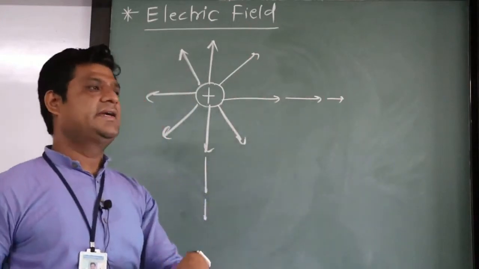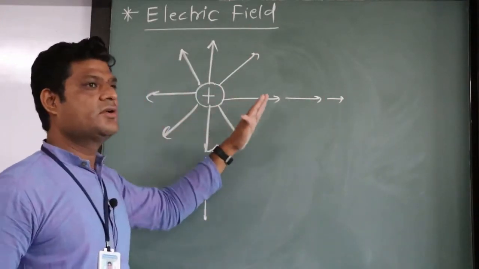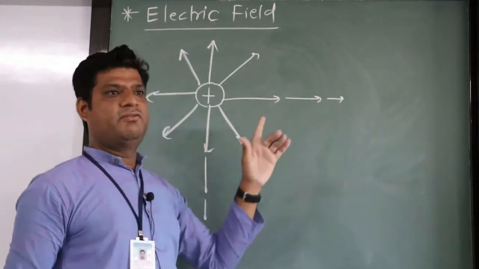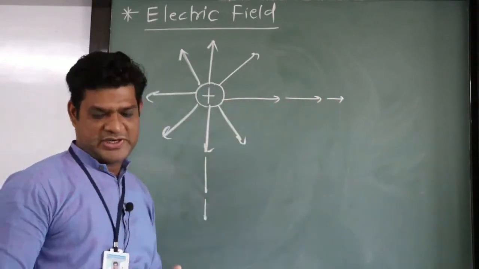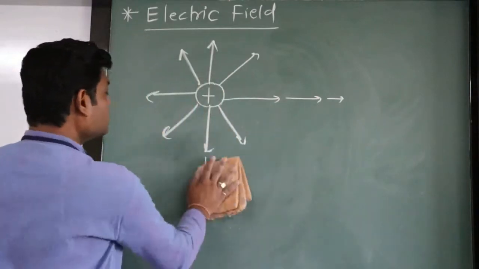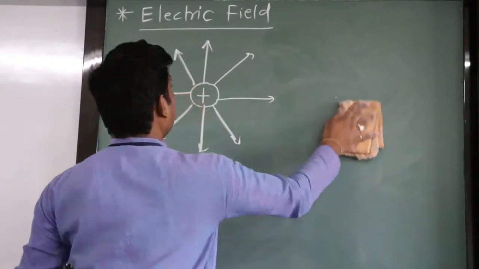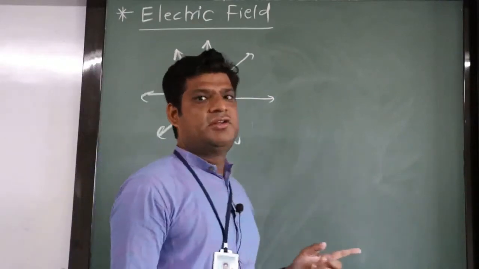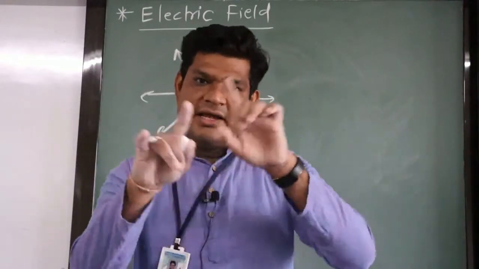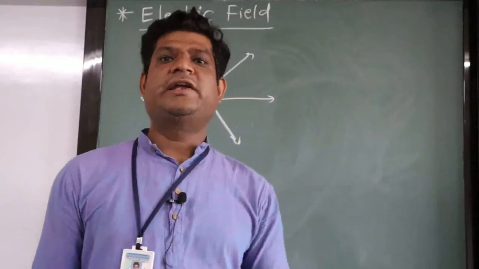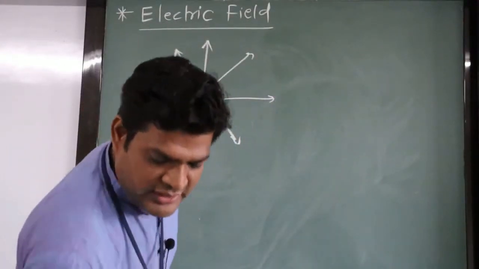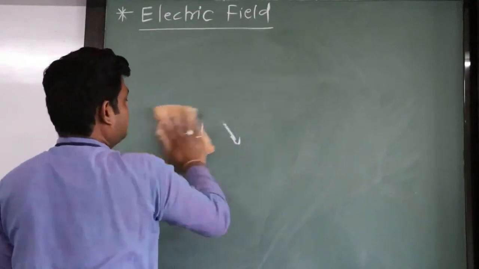It indicates that the force reduces as the distance increases, the magnitude of force becomes less. So the definition of electric field: the area up to which the force is present is known as the electric field. We know the electric field now, and we are going to discuss the next concept.